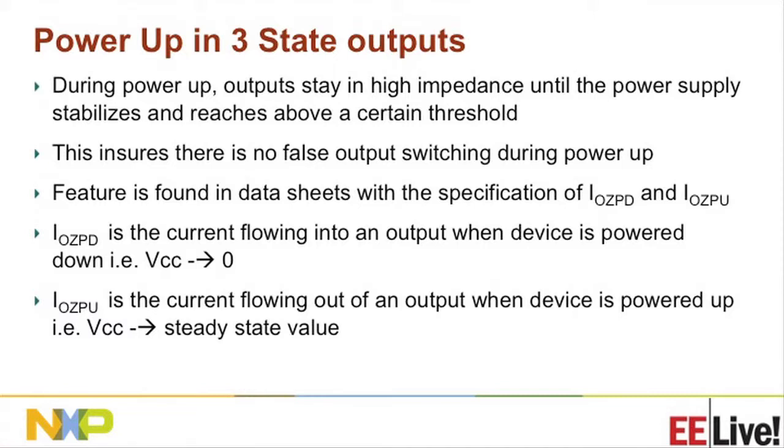This feature is specified in the data sheets as IOZPD, which is power down 3-state current at output, or IOZPU, which is power up 3-state current at the outputs. So by specifying that, we are making sure the device is suitable for standby or live insertion capable applications without being damaged.